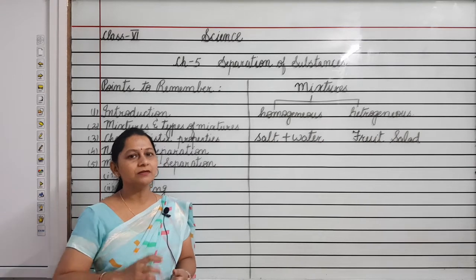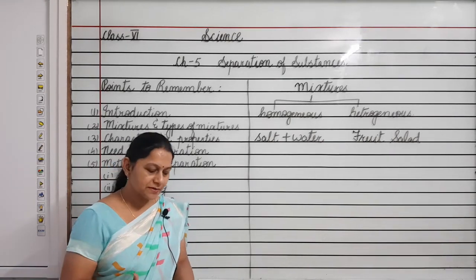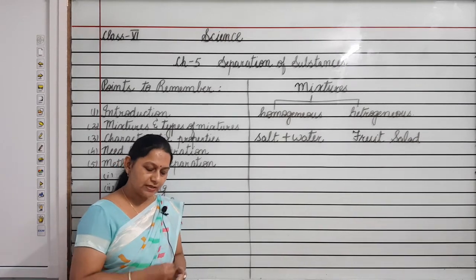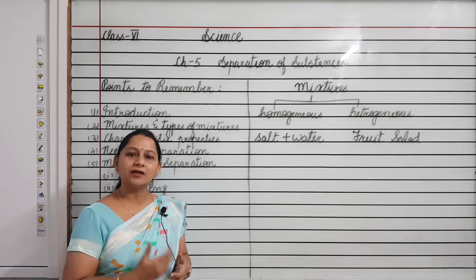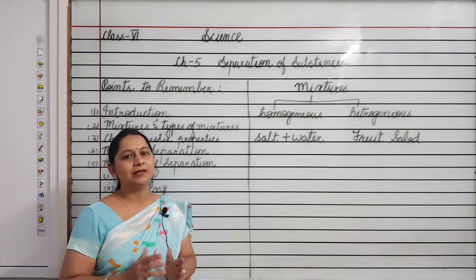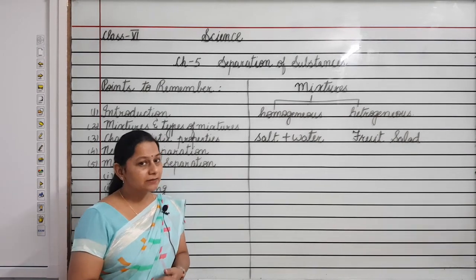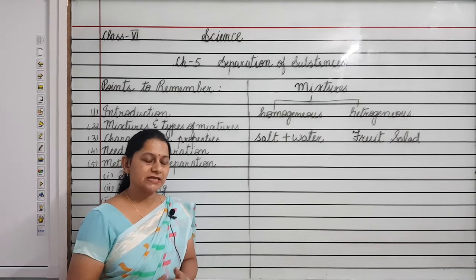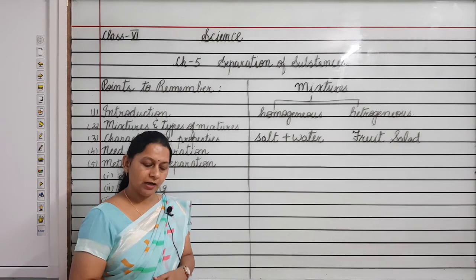So, we need to remove them to get the pure substances. There is a need to remove these harmful or unwanted substances which may spoil the grains or pulses.